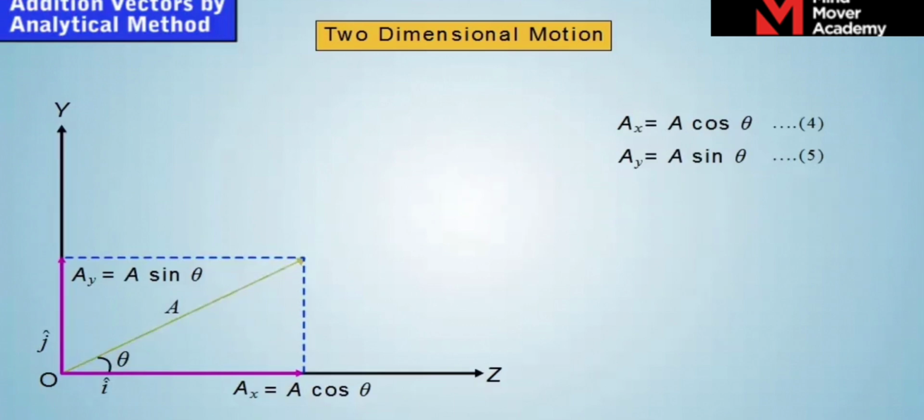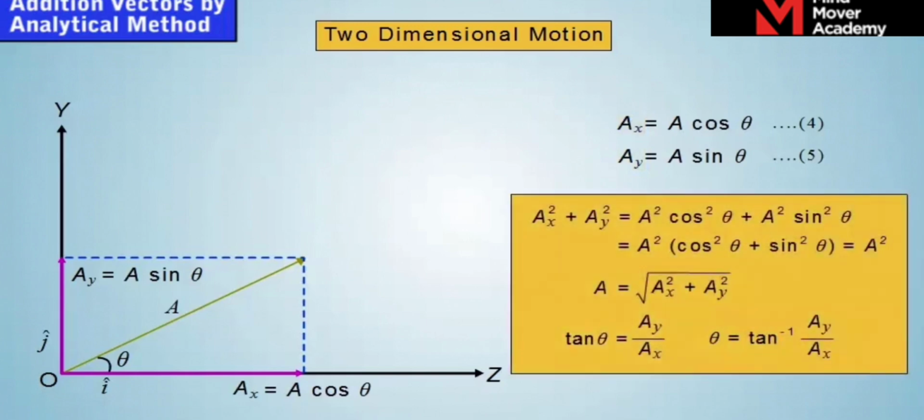A can be specified by its magnitude and theta, or its two components, Ax and Ay. Let A and theta be given. Ax and Ay can be determined using equations 4 and 5. When Ax and Ay are given, you can find A and theta as shown here.